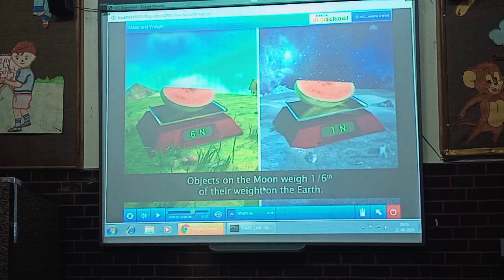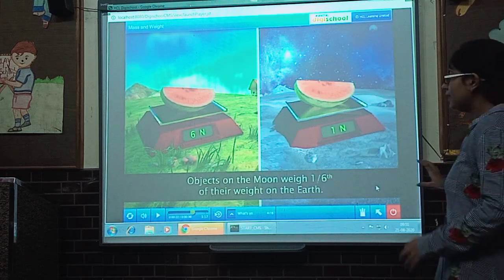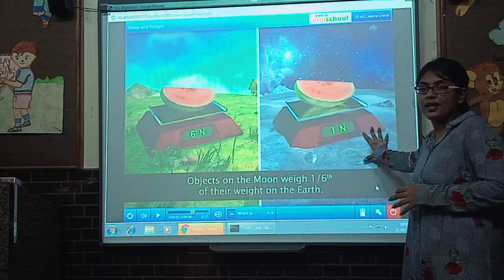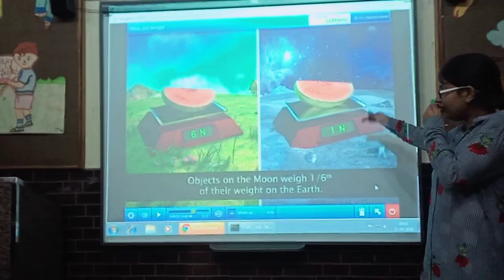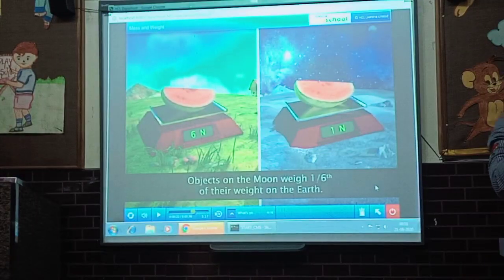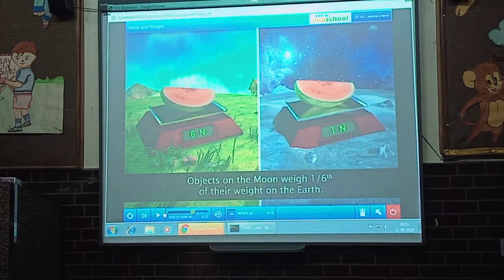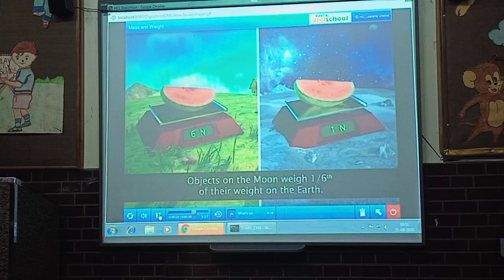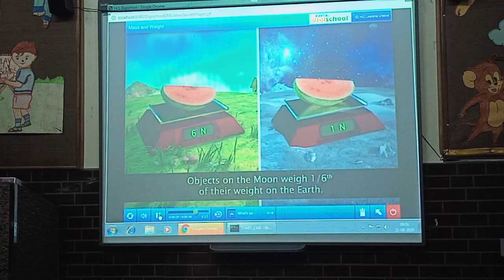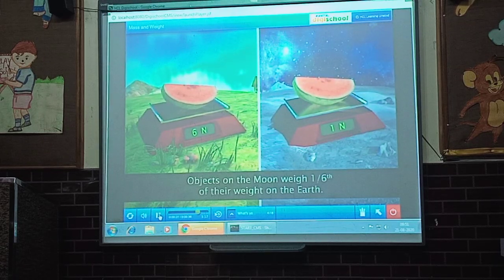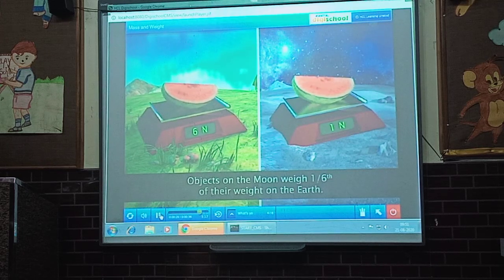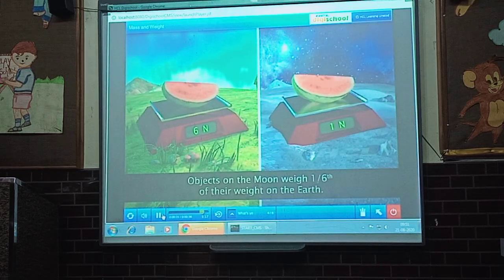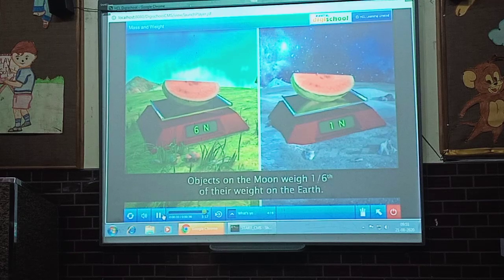So objects on the moon weigh 1/6 of their weight on the Earth. Hence, the force of gravitation on the moon will also be less. When one weighs objects on the moon, one finds that their weight is 1/6 of their weight on Earth.